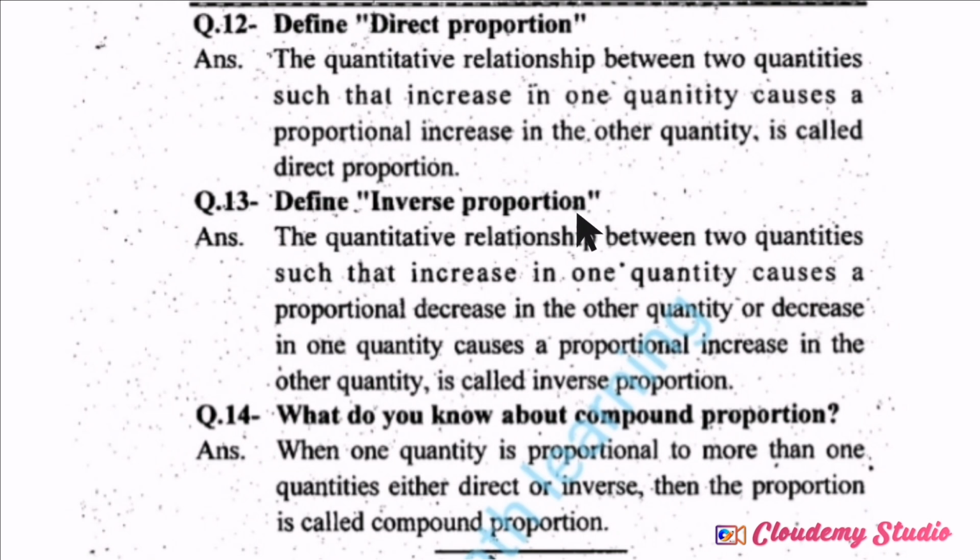Define inverse proportion. The quantitative relationship between two quantities such that an increase in one quantity causes a proportional decrease in the other quantity, or a decrease in one quantity causes a proportional increase in the other quantity, is called inverse proportion.